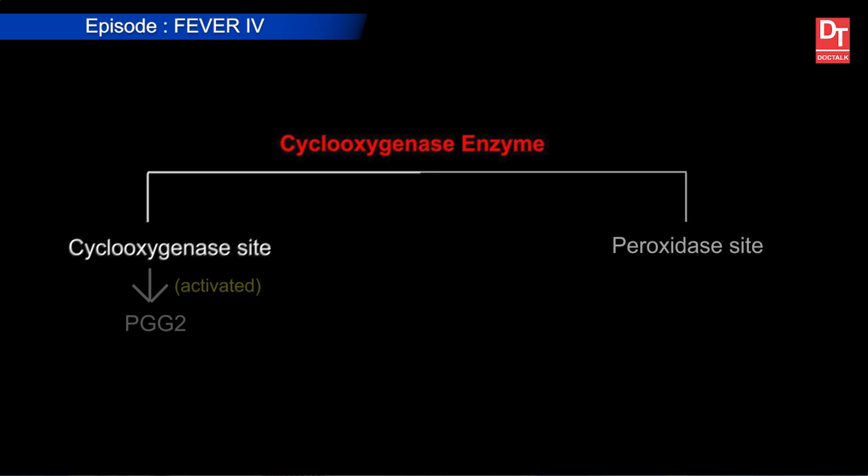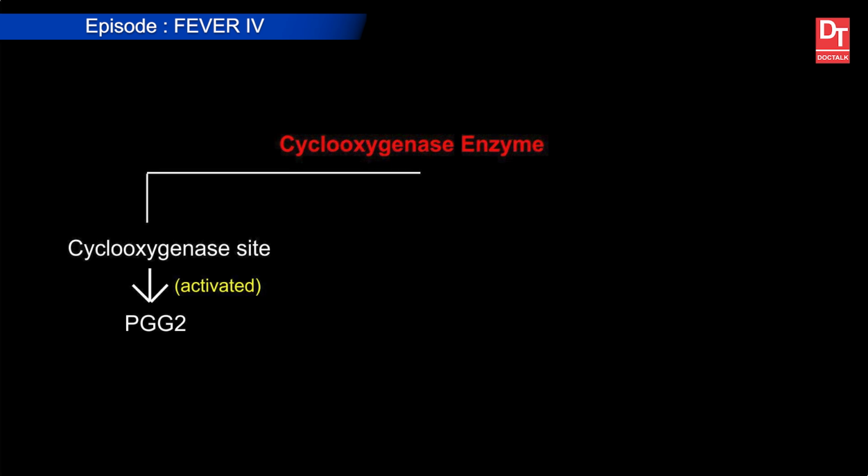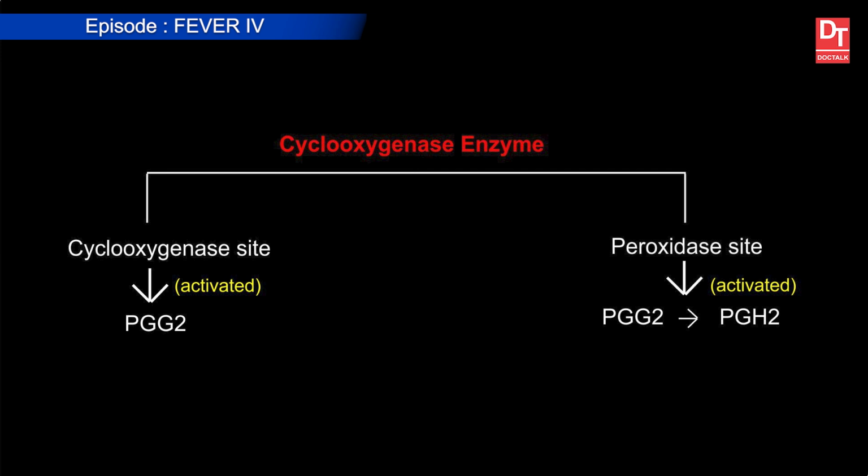When the cyclooxygenase site is activated, PGG2 is produced. Then the peroxidase site of the cyclooxygenase enzyme is activated and PGH2 is produced from PGG2.